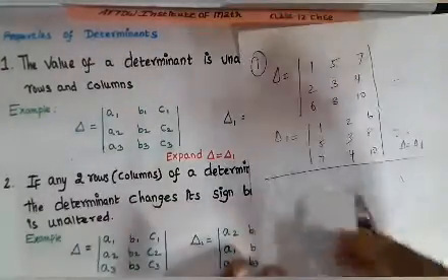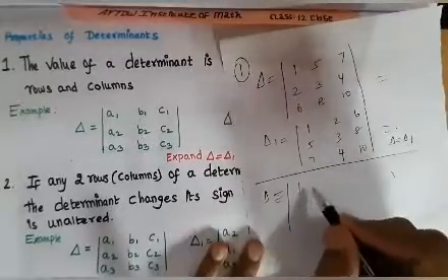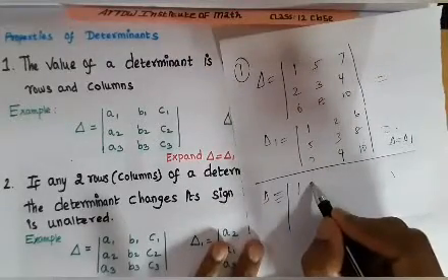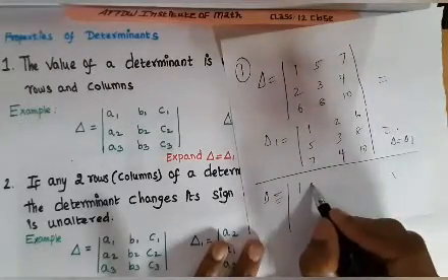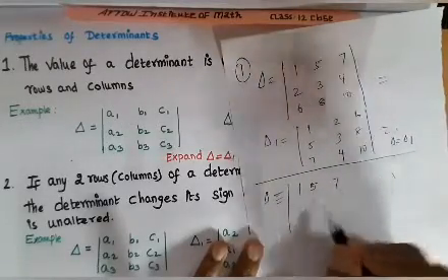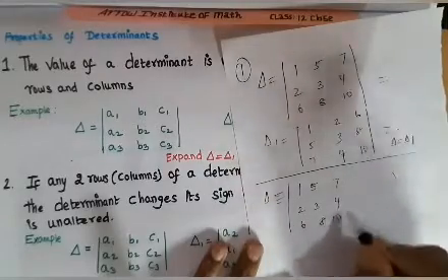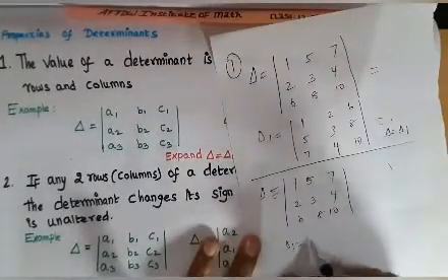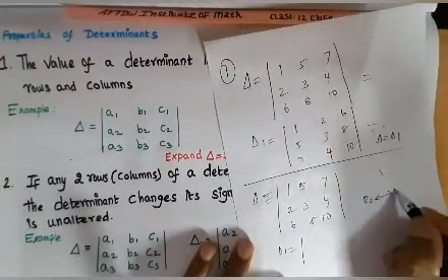For property 2, take the same example: 1, 5, 7, 2, 3, 4, 6, 8, 10. For del 1, I interchange row 2 with row 1.